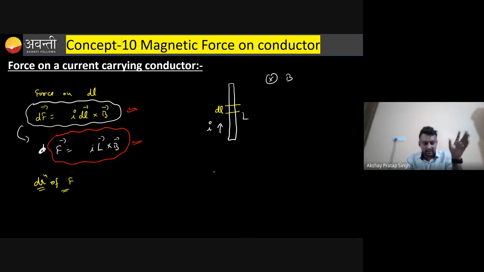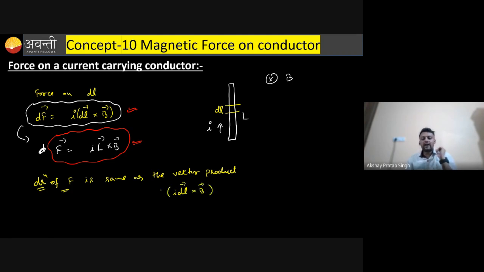As we have taken four, five classes already, you can see that the direction of force can be decided by the cross product dl cross B. So the direction of force is the same as the cross product, or the vector product, i dl cross B. That means force will have the same direction as i dl cross B. So you should know how to calculate the direction of vector product A cross B that we have already learned in the previous few classes. I'm not going to tell, just use your right hand rule and you can find the direction.